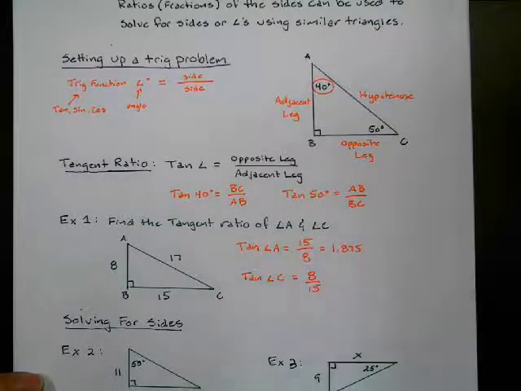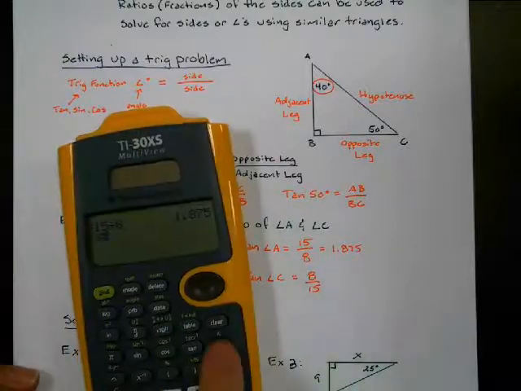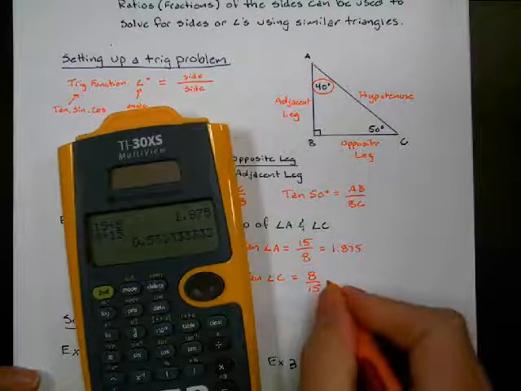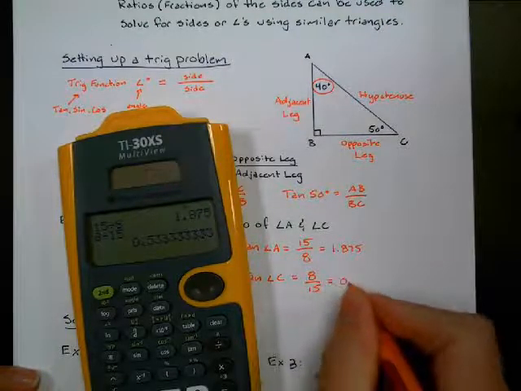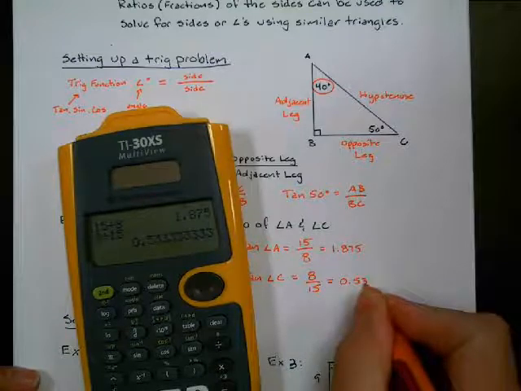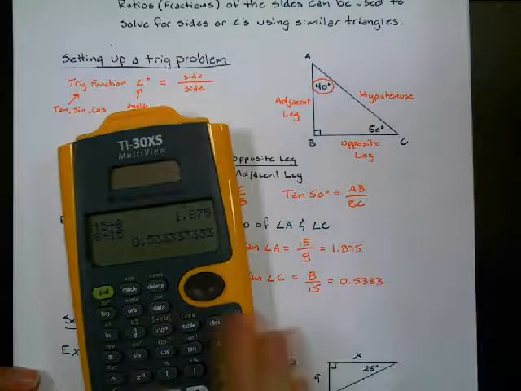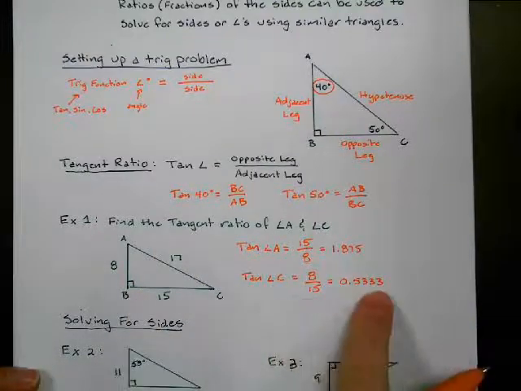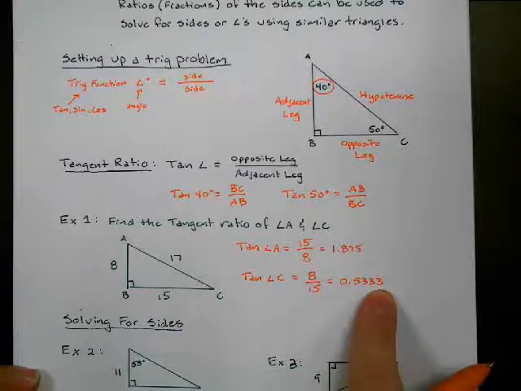So 8 divided by 15 is 0.53 repeating. So let's just say 0.5333. Normally when we do the ratios, we usually do it to the nearest 10,000th place, so 4 decimal places. Okay, we haven't solved anything yet.